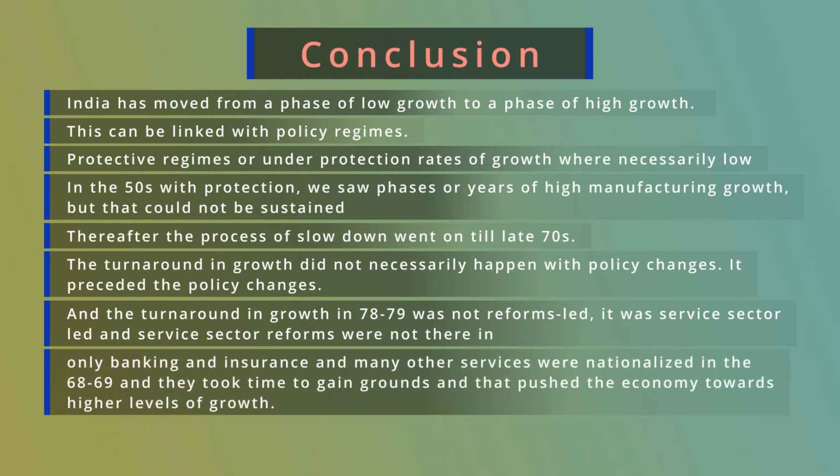Only banking and insurance and many other services were nationalized in 68-69, and they took time to gain ground, and that pushed the economy towards higher levels of growth. And more so, we would like to say that even if policy reforms had been undertaken, the growth rates could not be sustained.